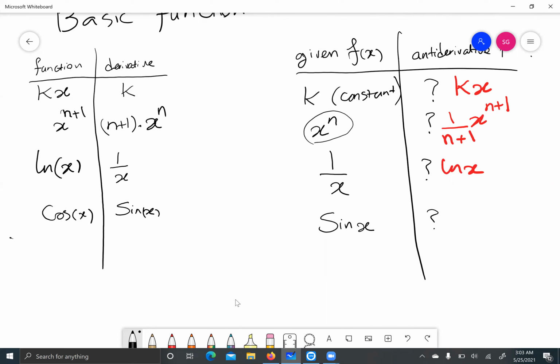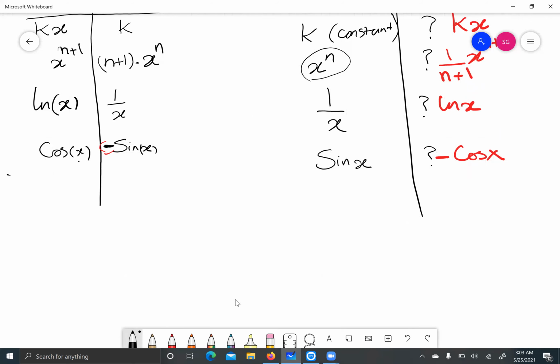If the function is cosine, the derivative is negative sine, right? That's the derivative rule. So the antiderivative must be cosine, and you see here it's multiplied by -1, so I should reverse it and multiply by -1.